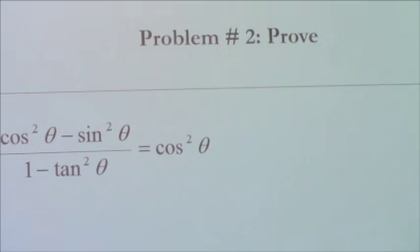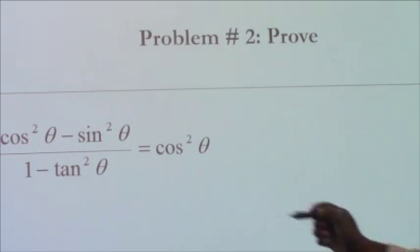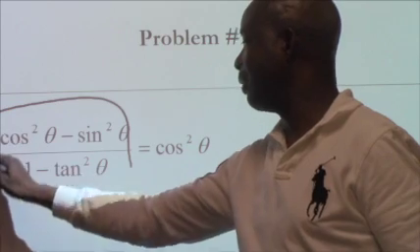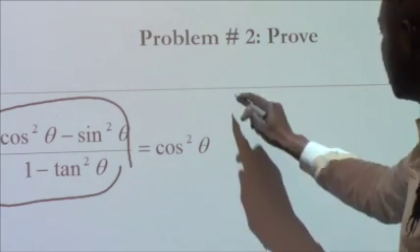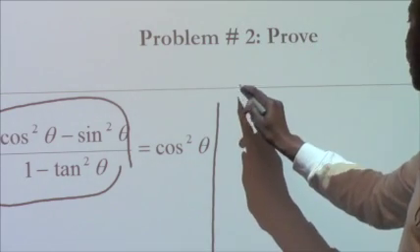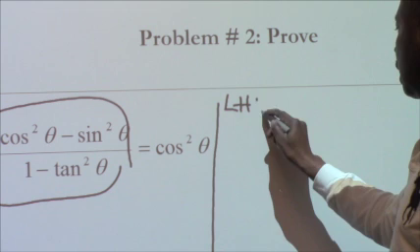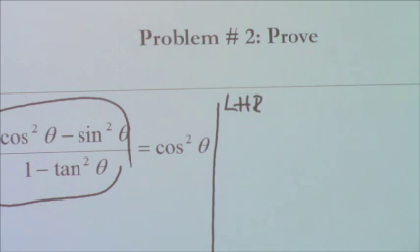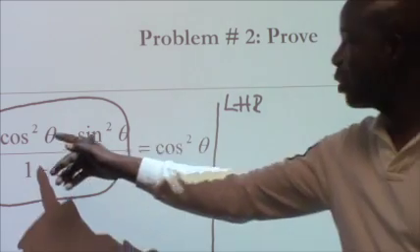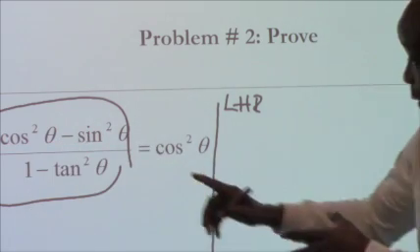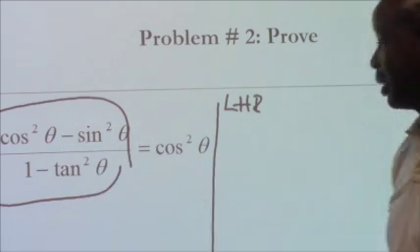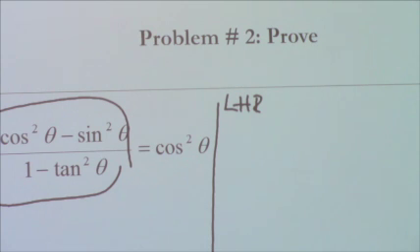So what we're going to do here, first of all, again, is take the most complicated side, which is the left-hand side, and see how we can rewrite it so that it looks like the simple side. Well, what can we do? I have cosine and sine, and I know that I can rewrite tangent using sine and cosine.